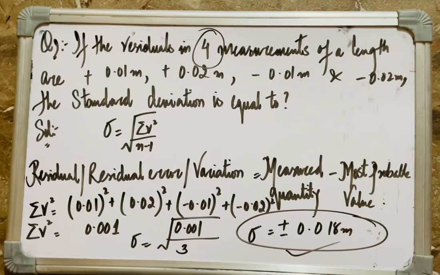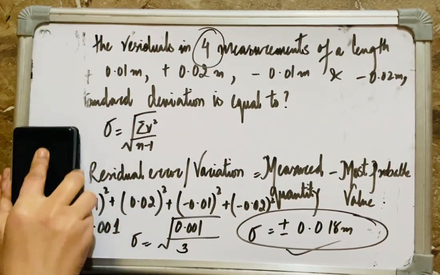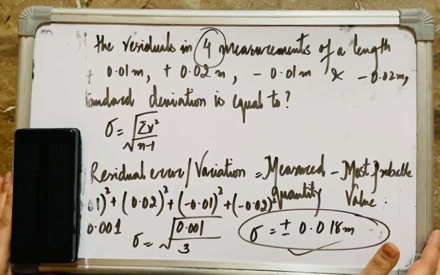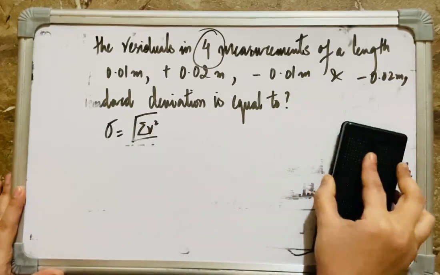Standard deviation is equal to plus minus 0.018 meters. Moving on, let's do the last question, question number 10, last for this video lecture. Otherwise, we're continuing with our numericals.